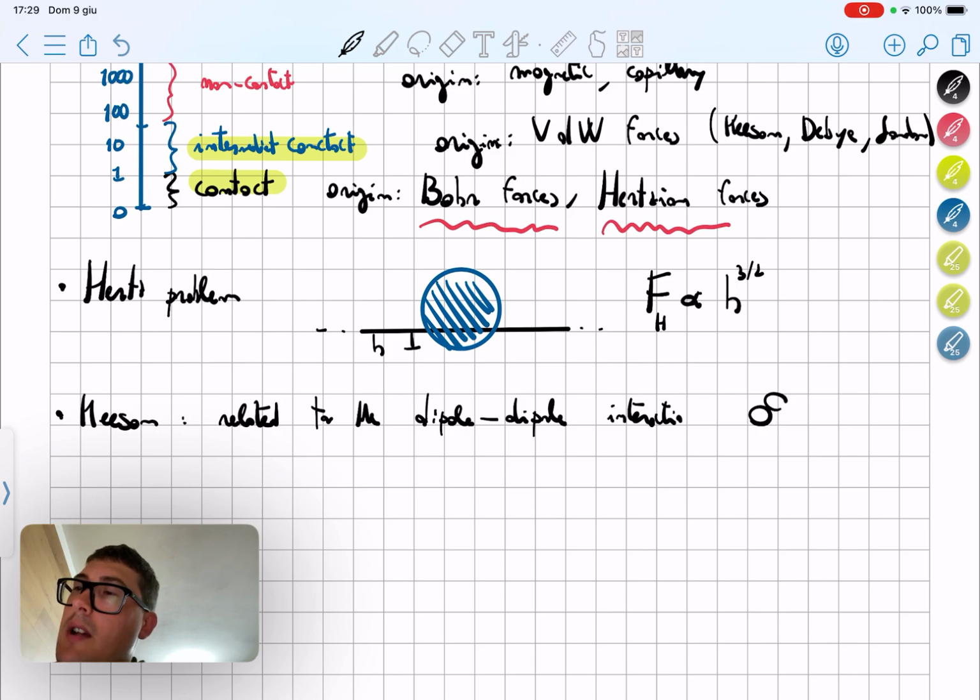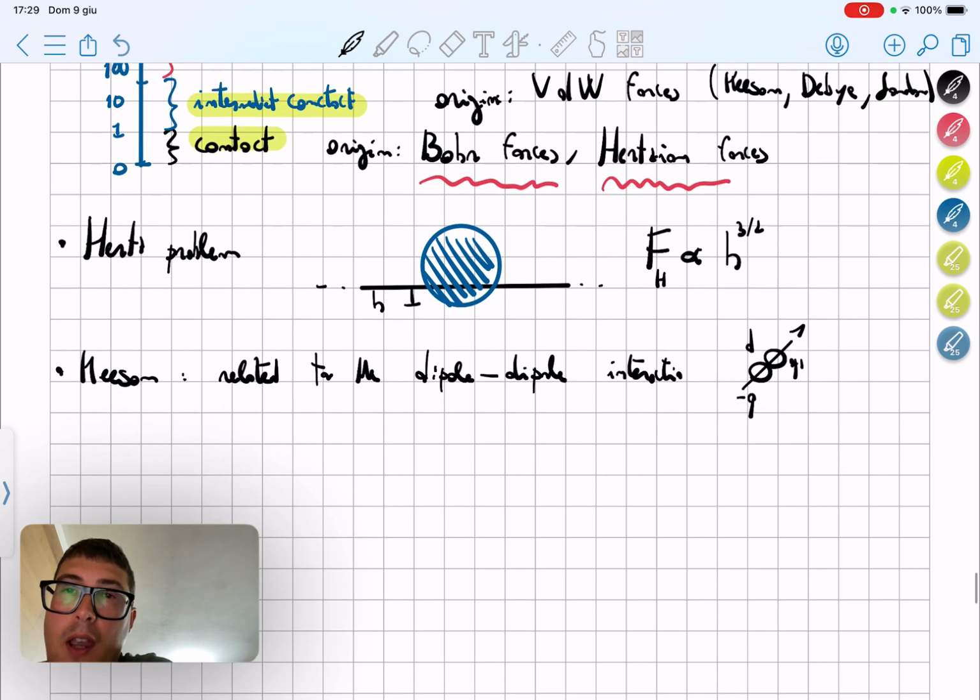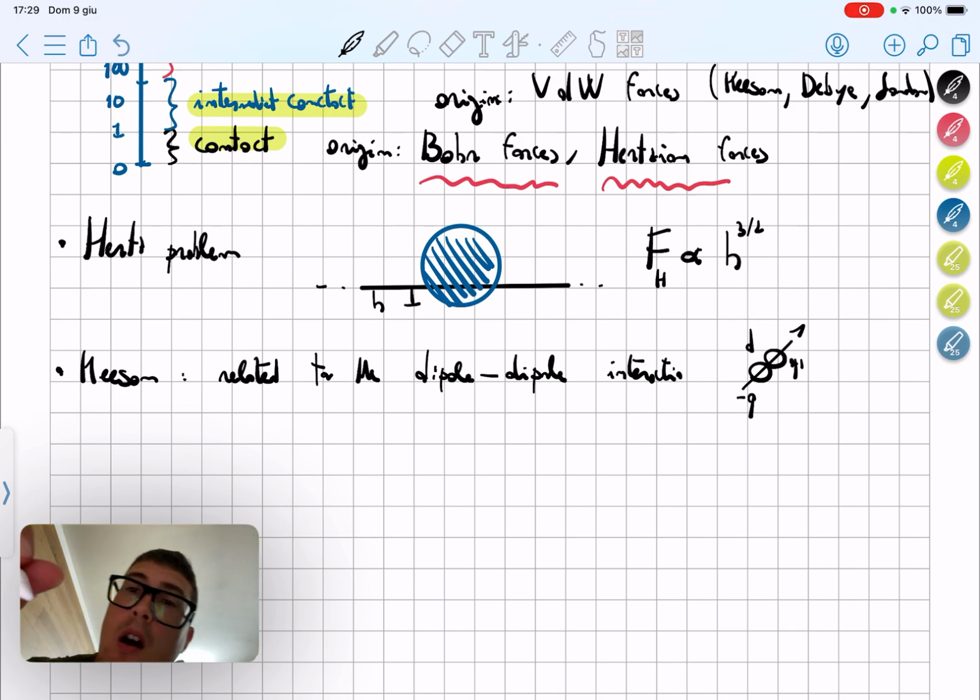So our dipole interacts with the other dipoles. This is the region of the Keesom force.